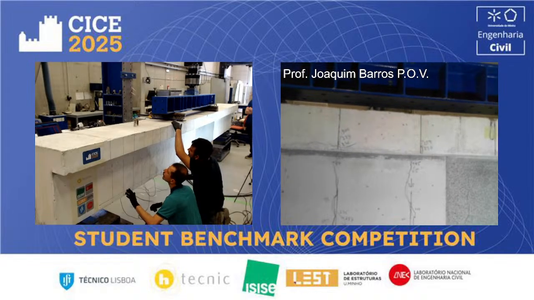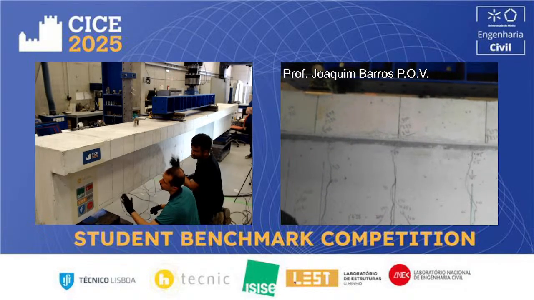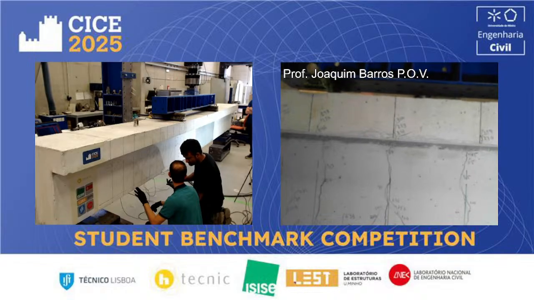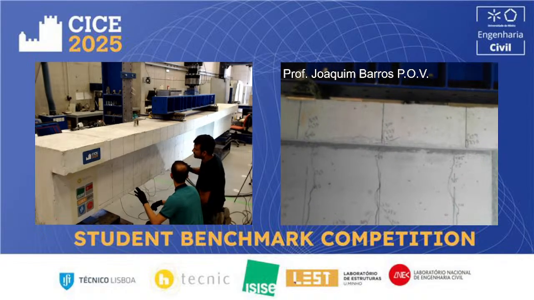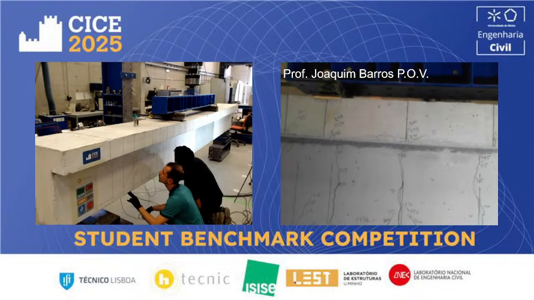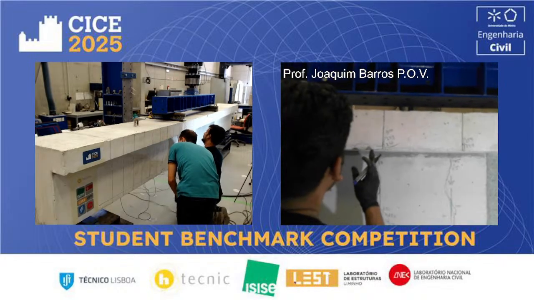I want to remember that in the previous one, all the CFRP laminates failed in tension, with a rupture, so we were able to mobilize the tensile capacity of these laminates.